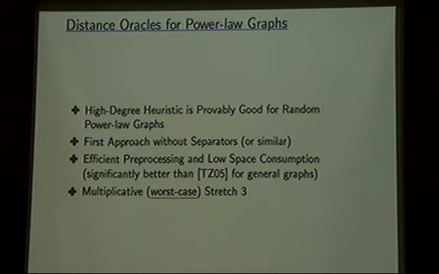Because as I said before, stretch 3 is kind of disappointing. You never arrive at where you want to go. And in these power law graphs, in particular, the distances are very short. So if you get stretch 3 there, it doesn't mean much. This is what we could prove. Of course, this is for n to infinity, so stretch 3 there means a lot, but for reasonably sized networks, it doesn't mean much.